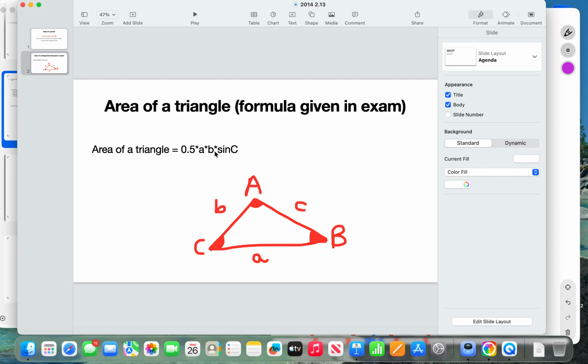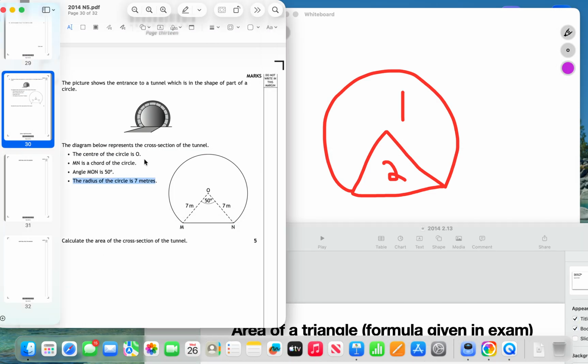So we have 1/2 multiplied by A, the side length, B, the side length, and angle C. Angle C is in between the sides A and B, so we need the angle to be in between the two sides. So let's have a look at the question.